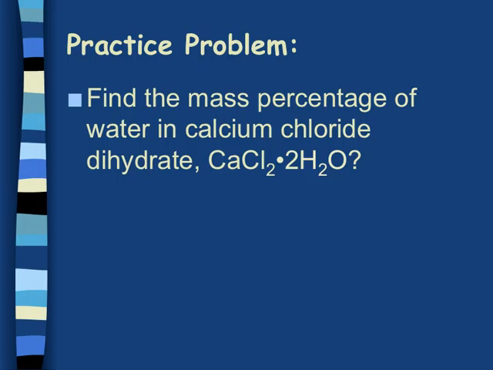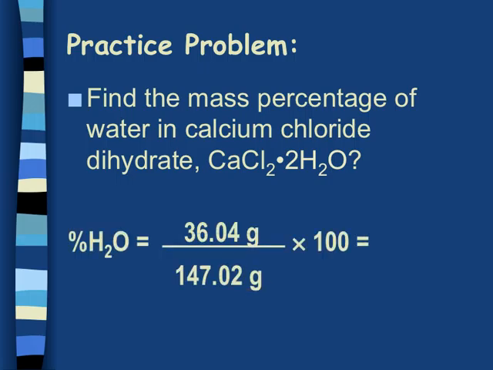So what is the mass percent then of our sample? We've got our 36 grams of water divided by 147.02 times 100. What's our mass of our sample? Mass percent of water. Calculate it.